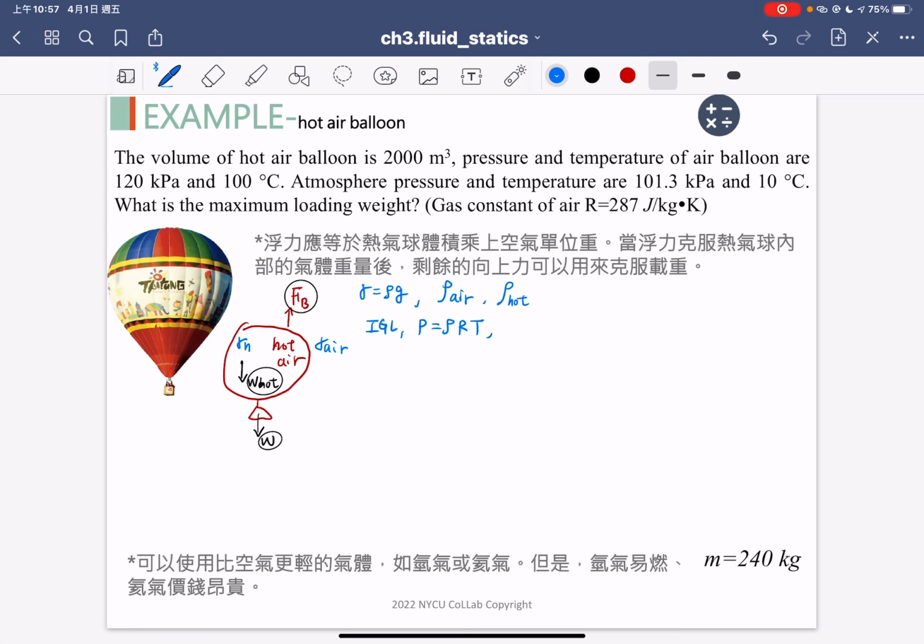For the environment air, we have two conditions. The environmental pressure P equals the air density multiplied by the air gas constant and the air temperature. So the air density rho equals the pressure divided by R, the gas constant, and T, the absolute temperature.